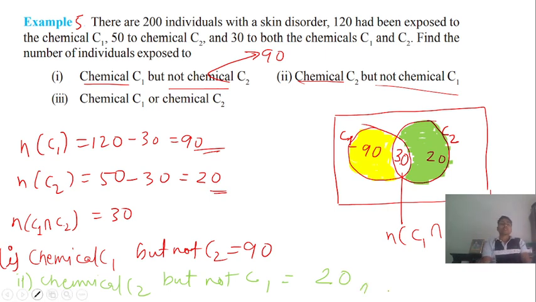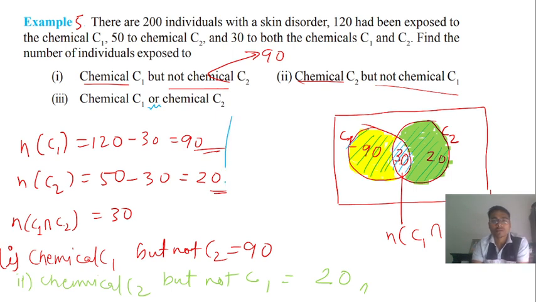Now in the third part they are asking for patients exposed to chemical 1 or chemical 2. What do you have to mark? Or means union. They are asking for the number of patients subjected to either C1 or C2.